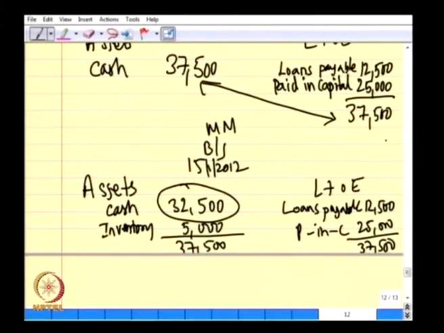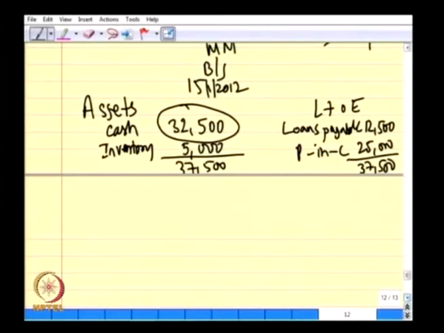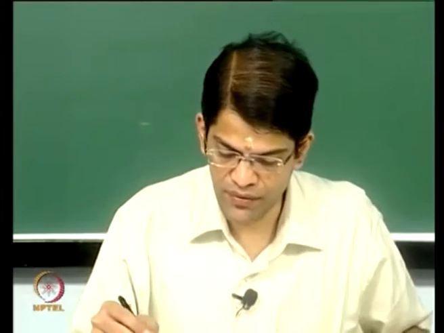The dual impact, the second impact would have been on the liability side, where I would have added one more entry called accounts payable 5,000, as a result of which this total would have changed to 42,500. Now, that also is a balance sheet. That also is a correct balance sheet for the same firm, except that the way in which I transacted differed.